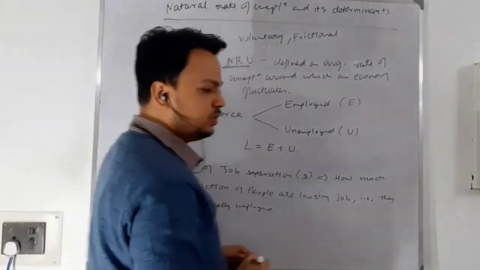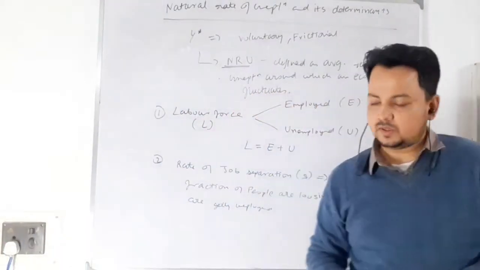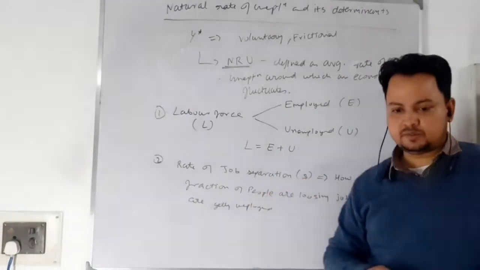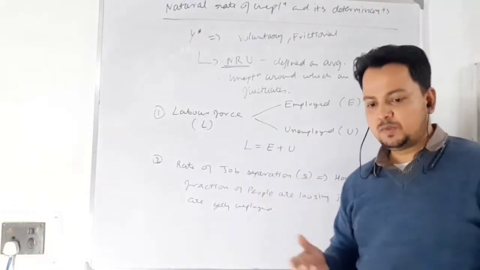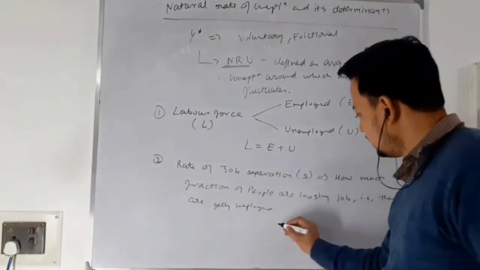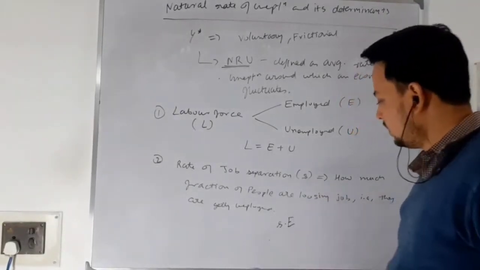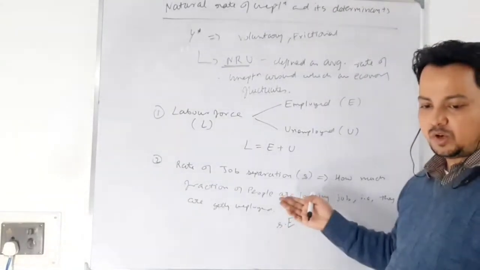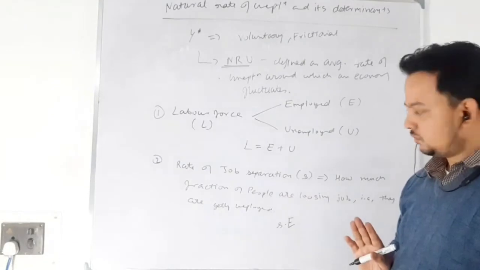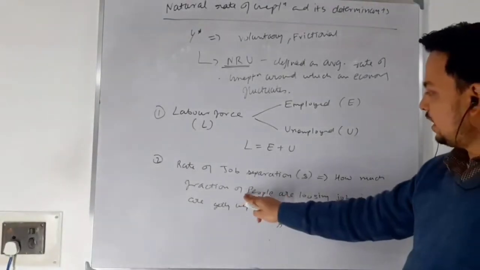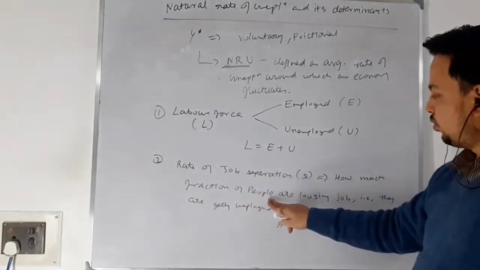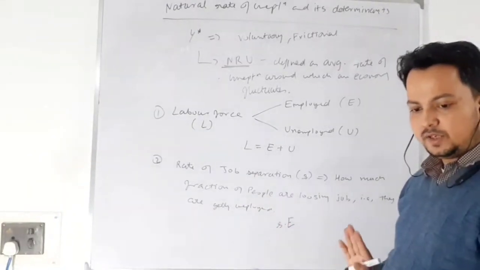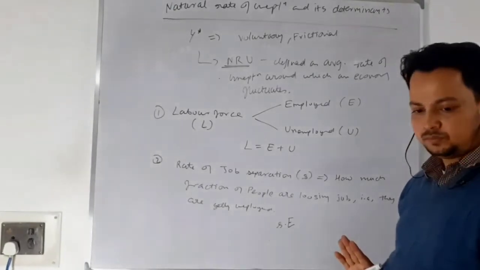How many people are getting unemployed is given by this fraction. And the total number becoming unemployed is s times E, where E is the employed people. This fraction shows how many employed people are losing their job, that is, they are becoming unemployed. Can everyone follow?